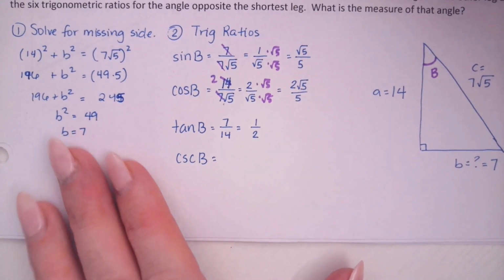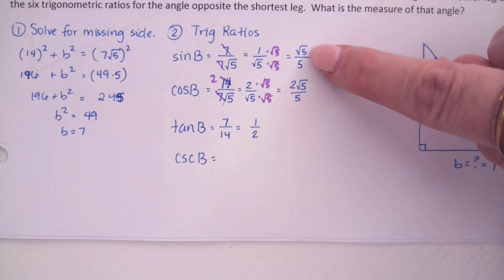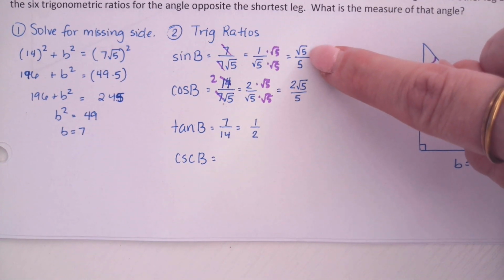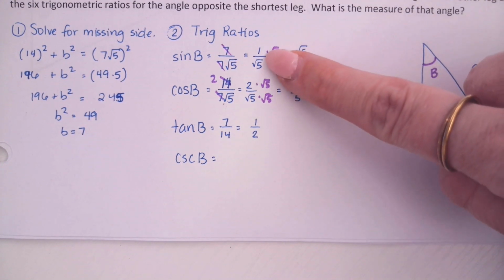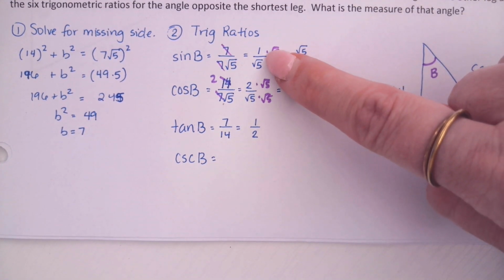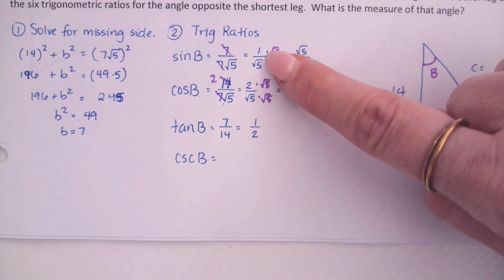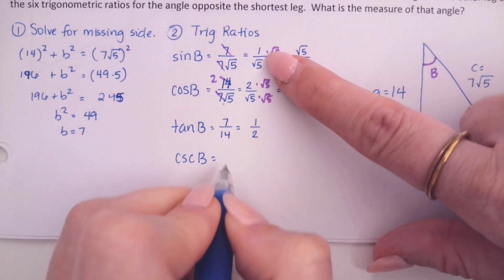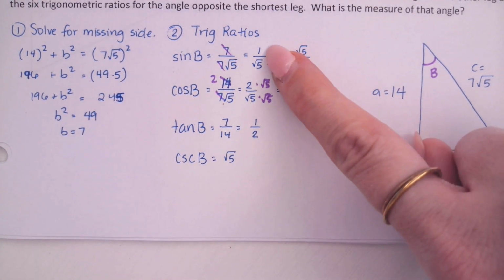Instead of taking my final answer for sine and flipping it over, guess what I'm going to have to do again? Rationalize it again. What we should do instead is take the one right before we rationalize, this 1 over root 5, and flip that one over. If I took 1 over root 5 and flipped it over, what would I get? Just root 5. And then I won't have to re-rationalize.